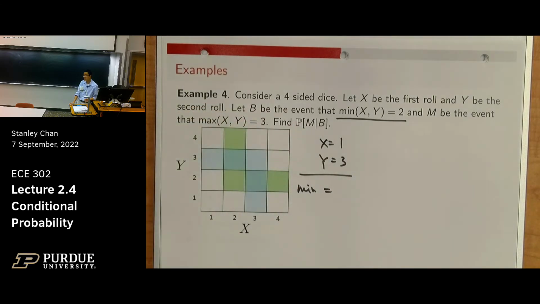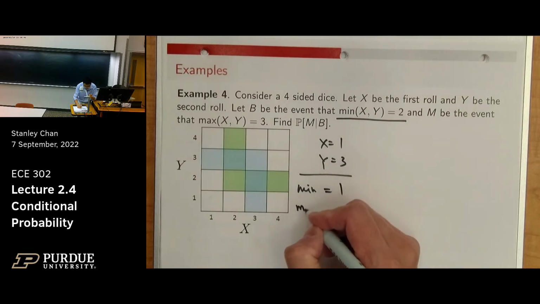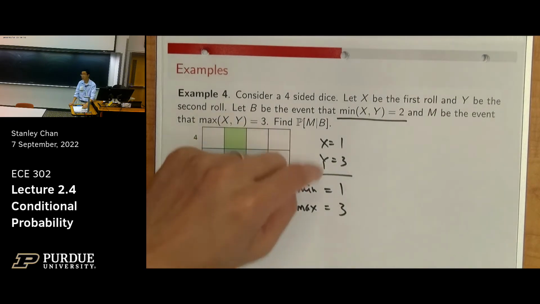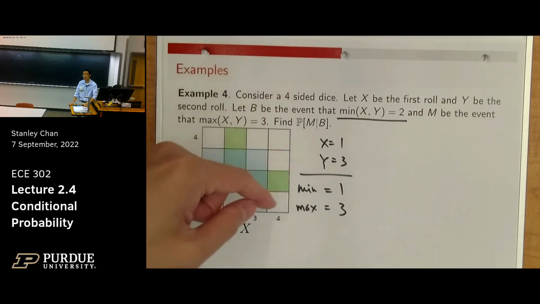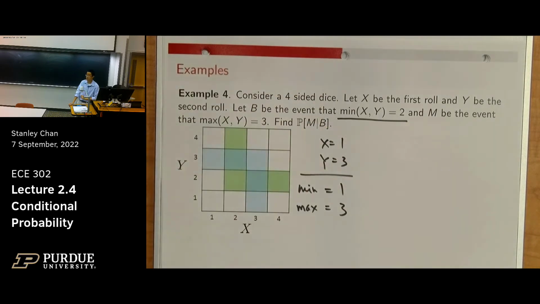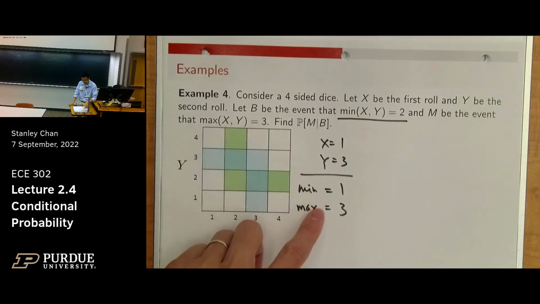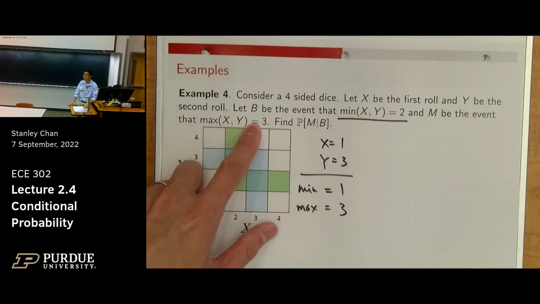It will be 1. The maximum of these two numbers will be 3, because I'm looking at the bigger of these two numbers, and at the smaller of these two numbers. So one is 1, the other one is 3. That is the meaning of the min of X, Y, and this is the meaning of the max of X, Y.